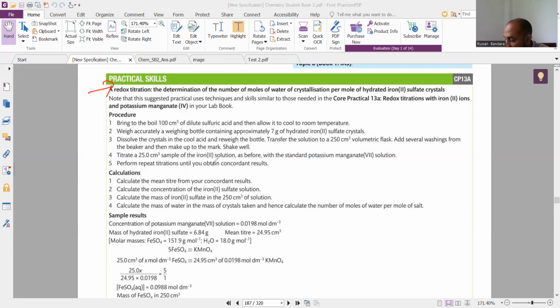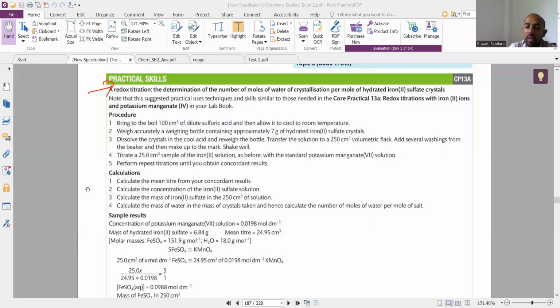Did we discuss this practical? Latushan? Kaushika? Yes, thank you.